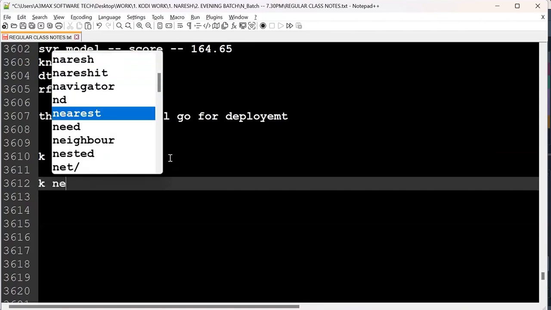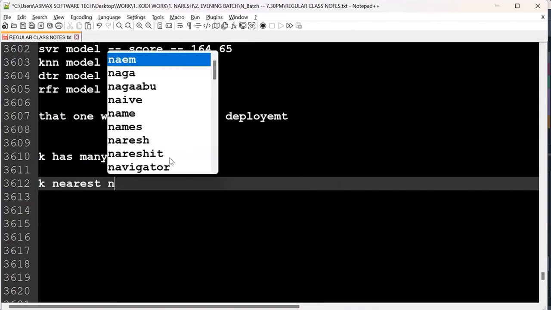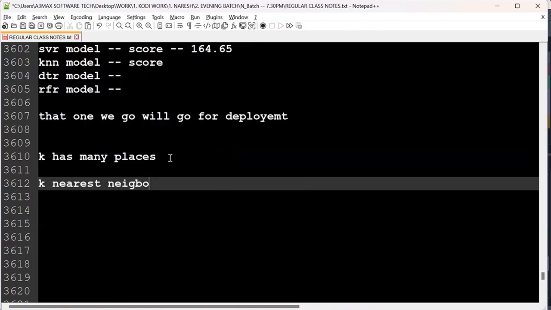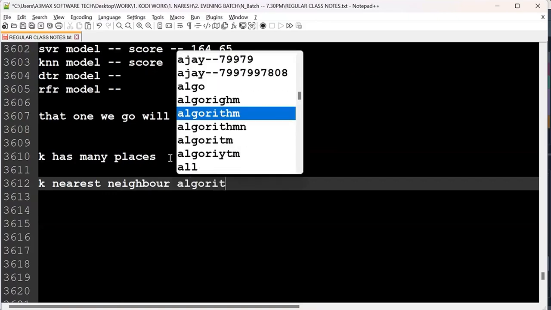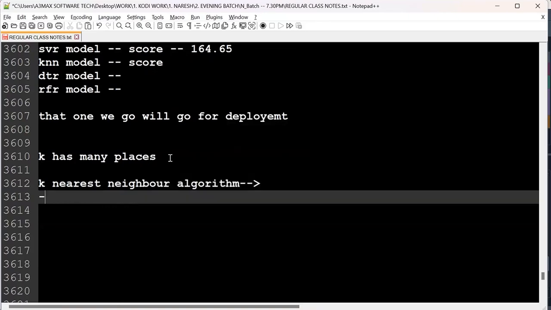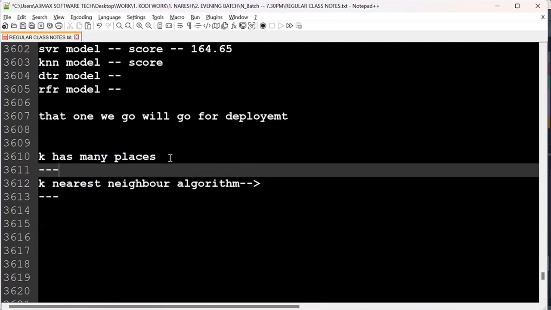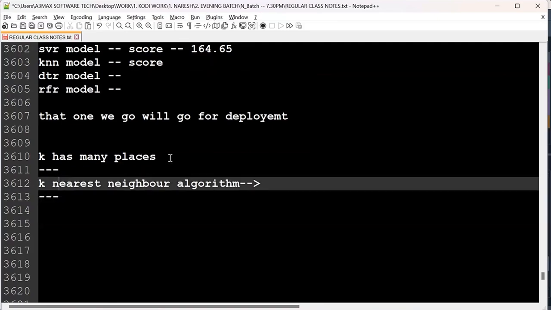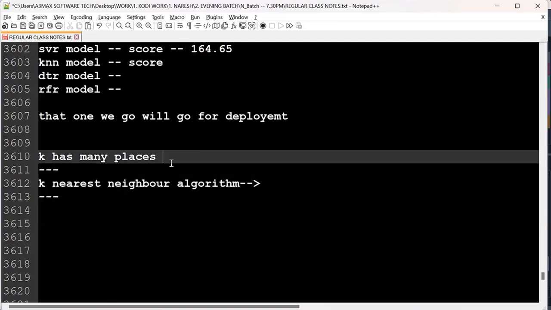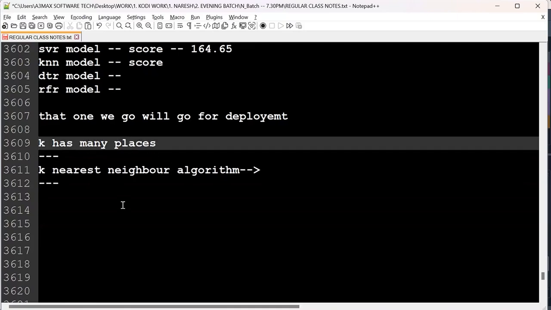KNN means K nearest neighbor. Such a beautiful algorithm. What is the math behind KNN? How do outliers impact KNN? What is meant by balanced and imbalanced models? We will discuss all those things later.